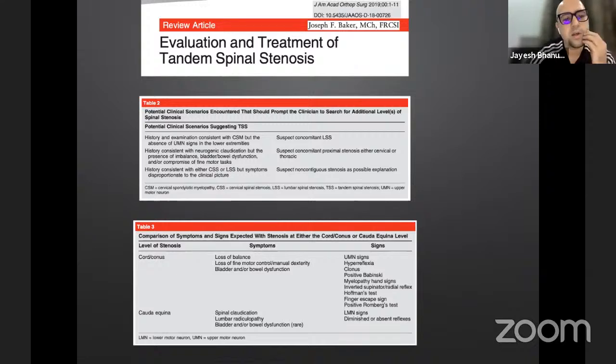Second, with neurogenic claudication with imbalance and bladder involvement, suspect concomitant proximal stenosis, whether cervical or thoracic, with UMN signs, bladder dysfunction and compromise of fine motor skills. The third was history consistent with either cervical stenosis or lumbar canal stenosis, but with disproportionate symptoms. Here he suggested suspicion of non-contiguous stenosis as a possible explanation.